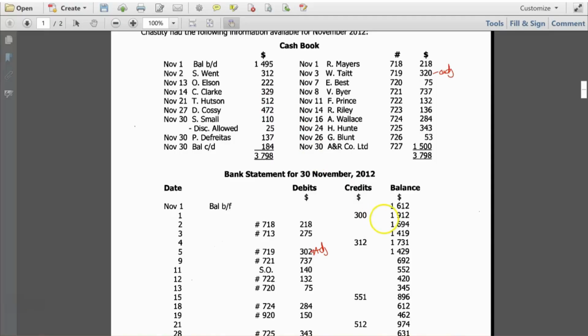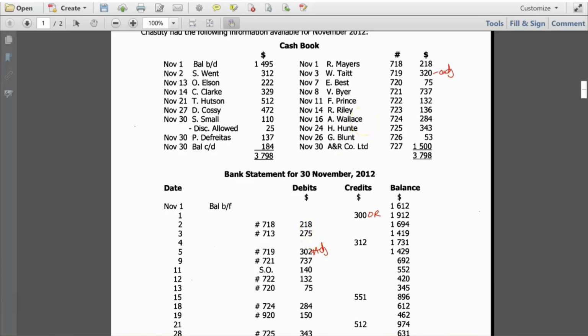So we've identified the first transaction that is required in our opening reconciliation. I'll go ahead and write OR next to that so that I can remember to use that in my opening reconciliation.